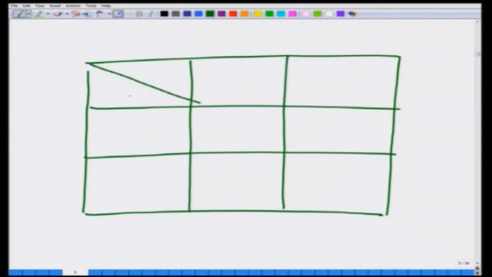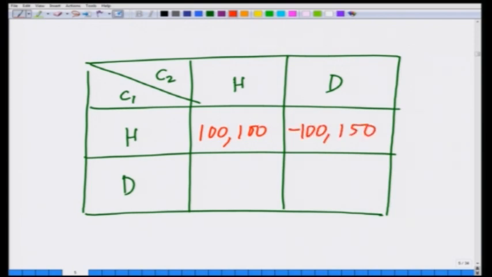Again I have two countries C1, C2, which can invest in health or defense, and the payoffs are as follows: 100, 100, minus 100, 150, 150, minus 100, and 10, 10.